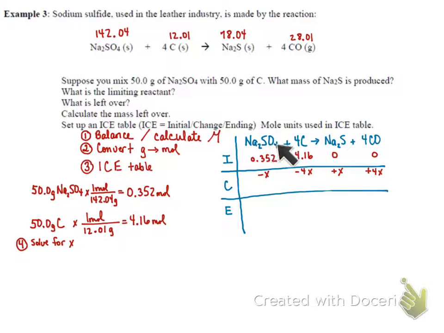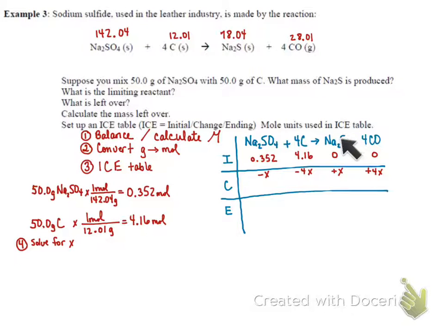So we put in the starting moles. Then looking at our balanced equation, we look at the coefficients. The ratio that we are going to use is for every 1 sodium sulfate, that gets a minus X because it's going to be used up. We are going to use up 4 carbons, so that's a minus 4X.